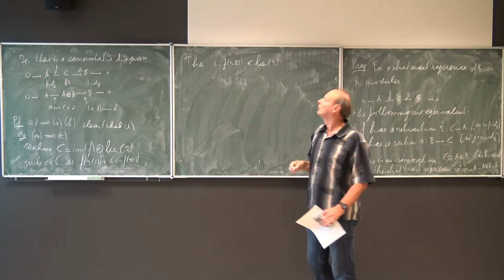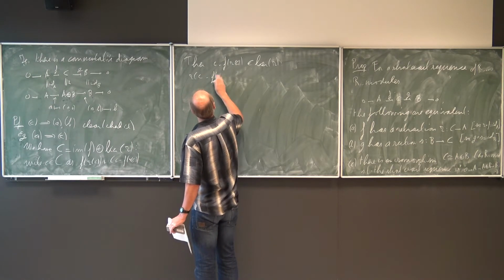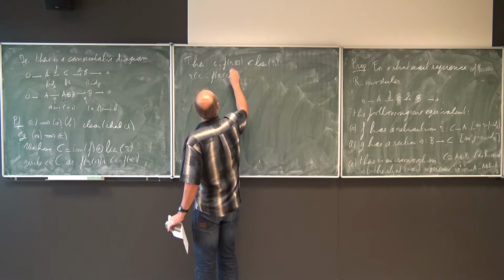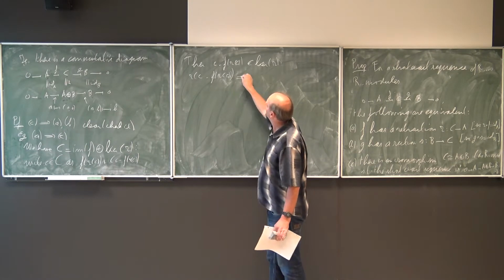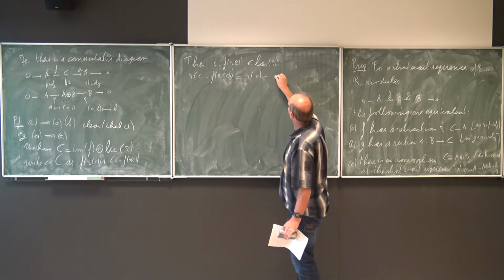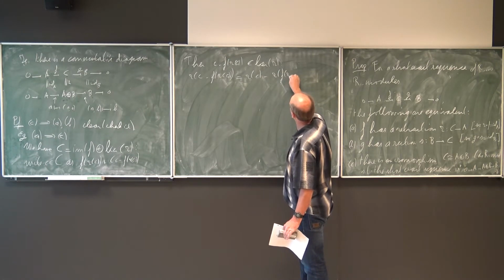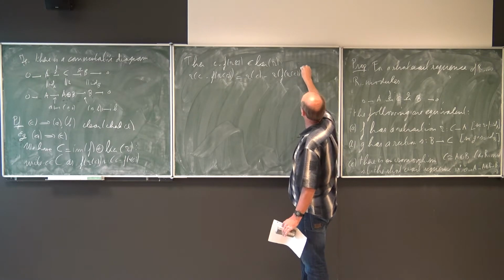Okay, let's compute r on this. r(c minus f(r(c))). Well, it's a homomorphism, so this will be r(c) minus r(f(r(c))).